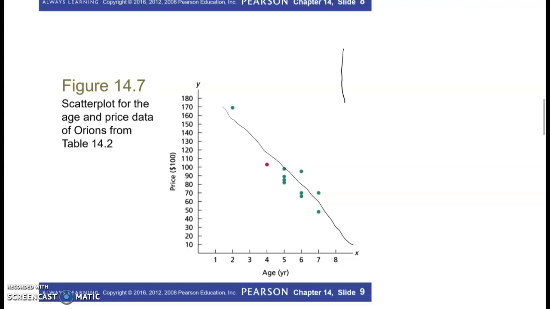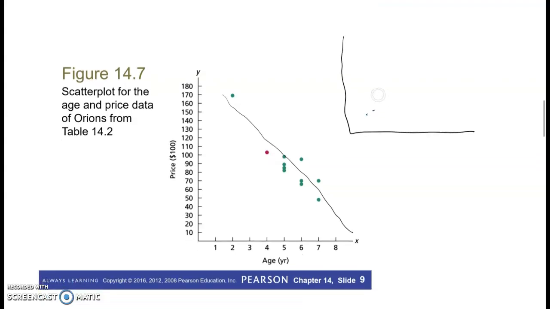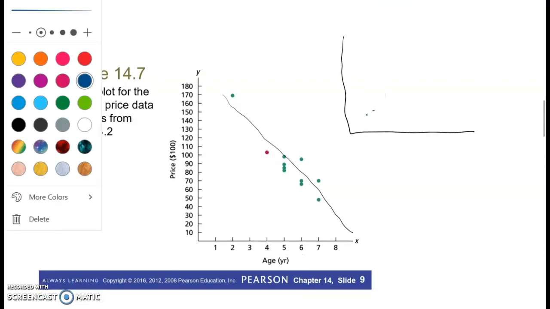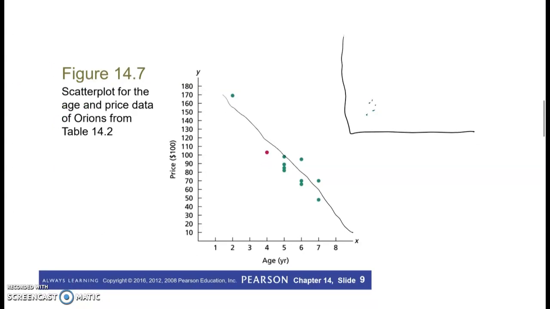But for example, suppose I had some crazy graph that looked more like, hold on. Suppose you had a graph that looked like that. Notice we are only doing linear regression.